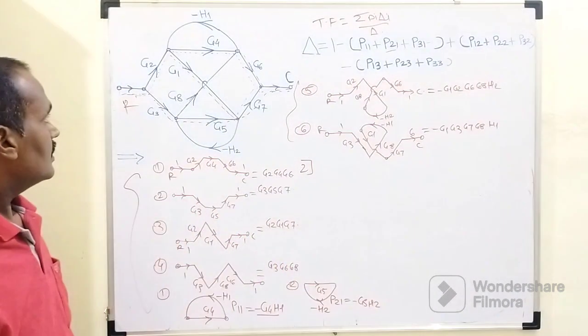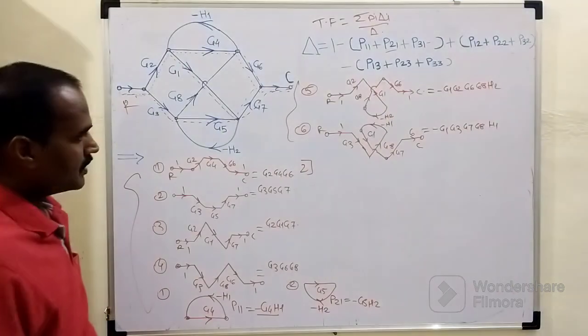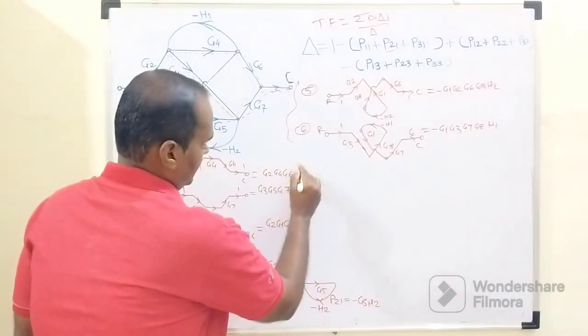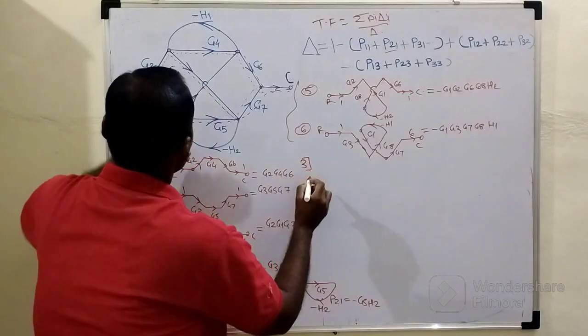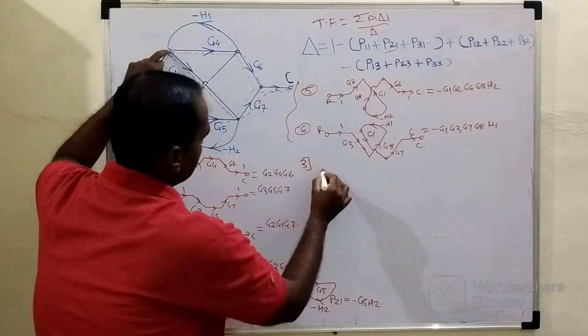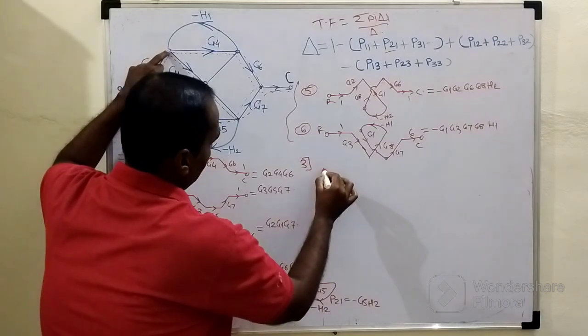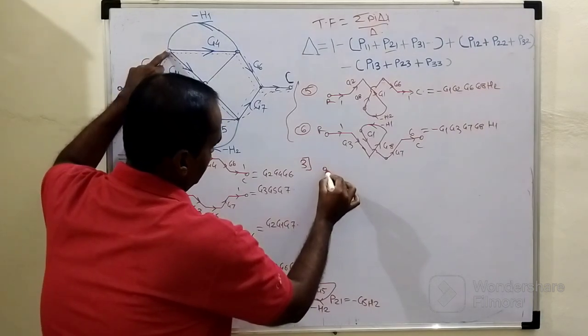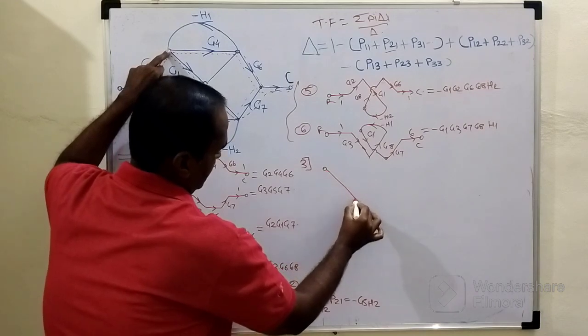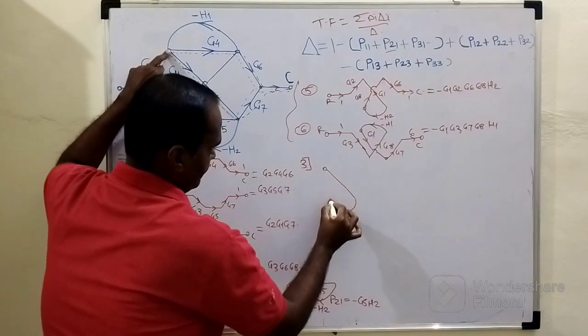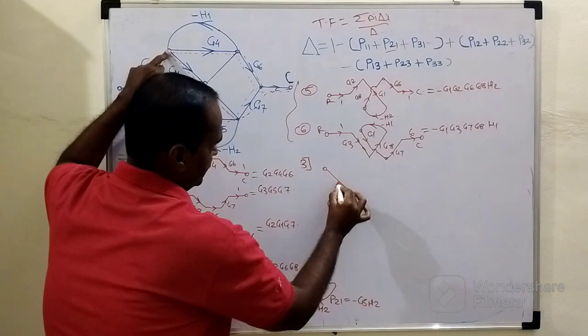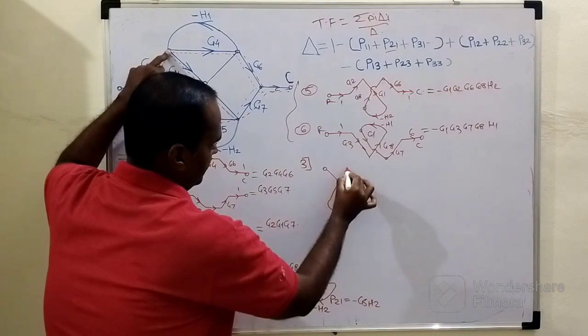Now one more loop we have. So how will it look? Here I will draw the third loop. This is how we need to consider these two diagonal elements.